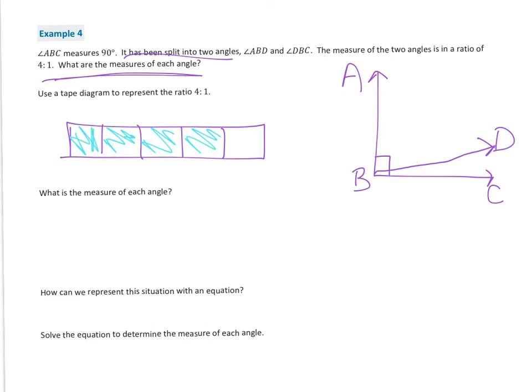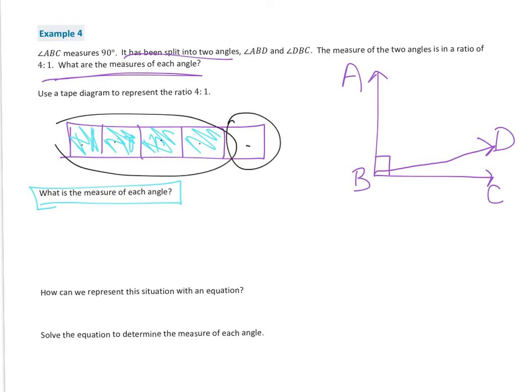So then what's the measure of each angle? Well, my tape diagram for 4 to 1 is divided into 5 chunks. So I need to figure out how much each of these chunks is worth, so I can figure out how much my small angle is worth and how much my bigger angle.